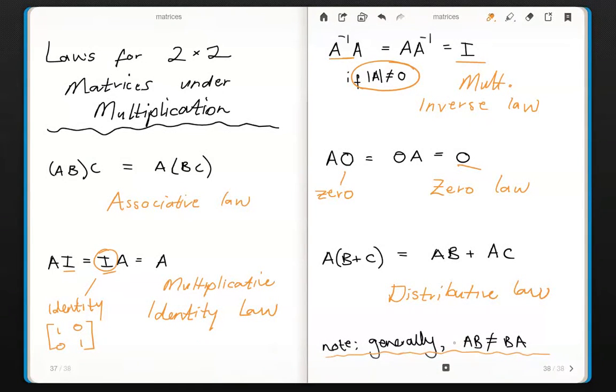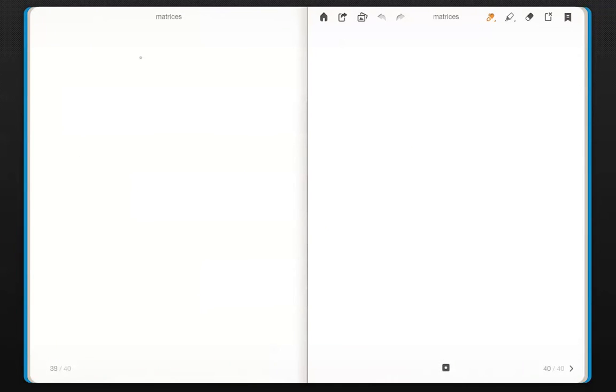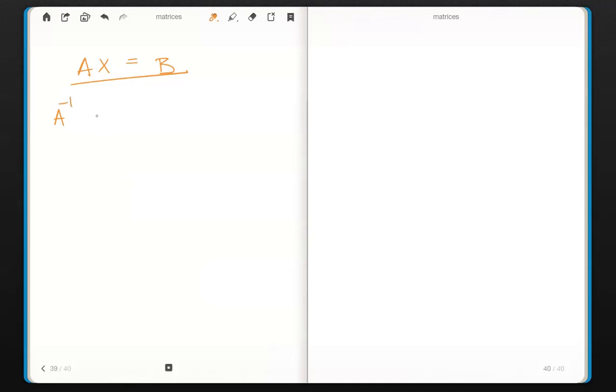So when you're rearranging, you might be given something like this, for example, AX equals B. We know that A to the minus 1 exists. We're told that. Find X.